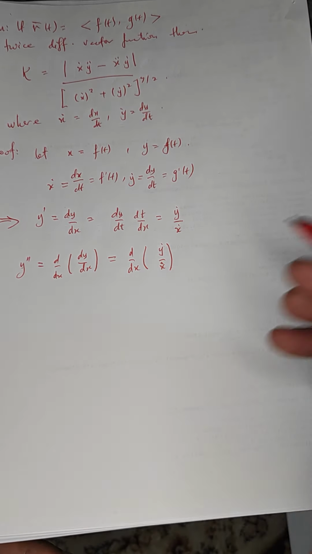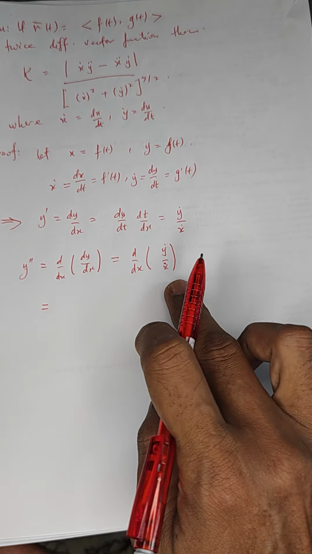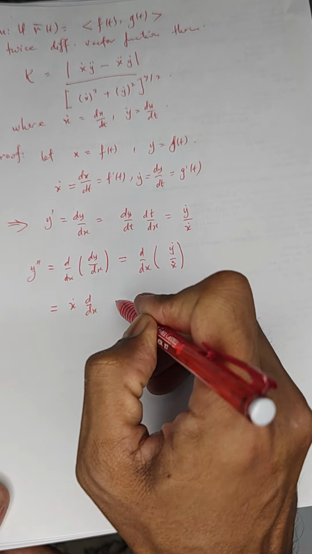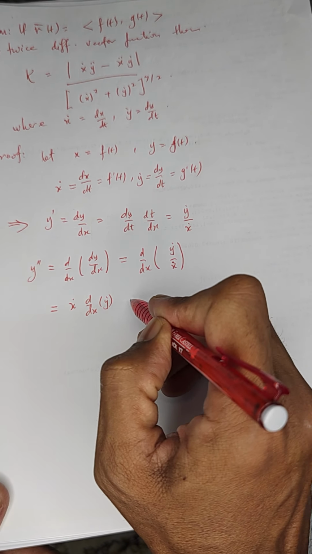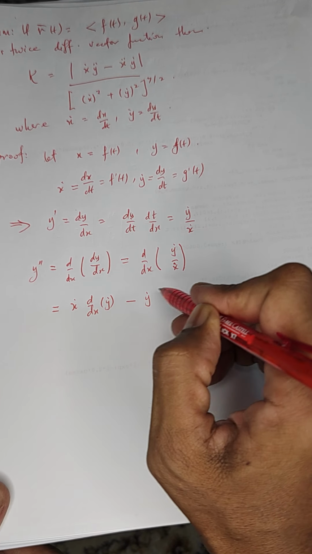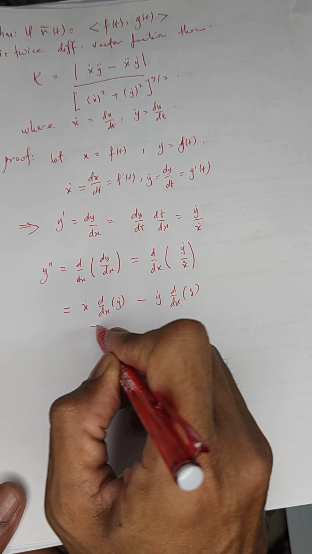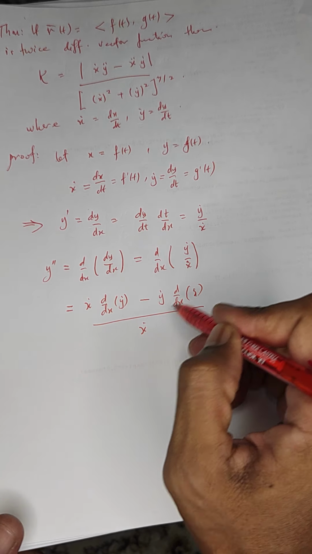To differentiate this, we have x dot d/dx of y dot, minus y dot d/dx of x dot, over x dot squared.